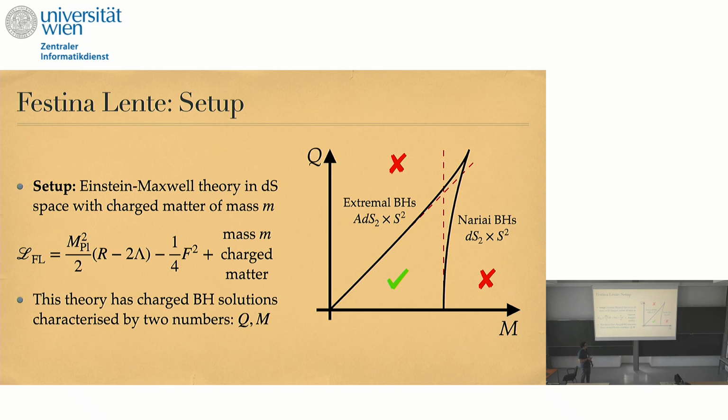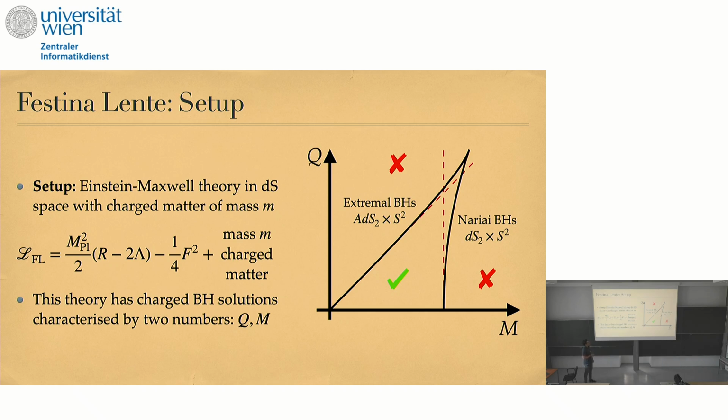So there is a vertical line, and good solutions have to lie to the left of it. One can do this more carefully, and then you find that the actual region of good solutions, which don't have naked singularities, is the region inside this shark fin, which qualitatively captures these two effects.